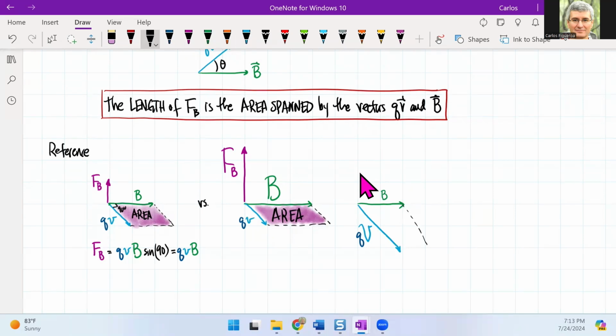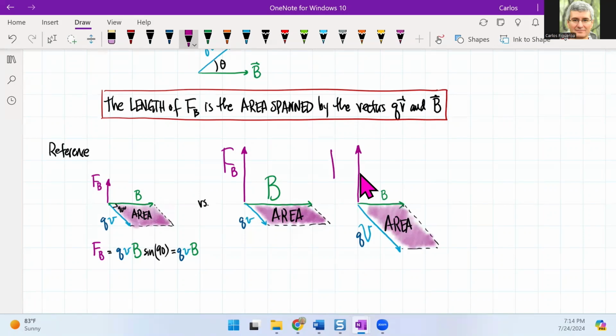So if I look at this area, oops, that area is not long enough. You could see once again, I'm going to have a bigger area. Bigger area means larger magnetic force.